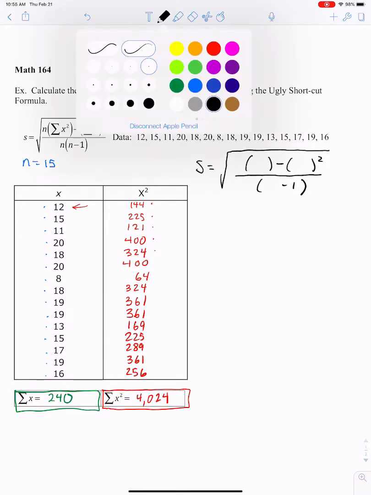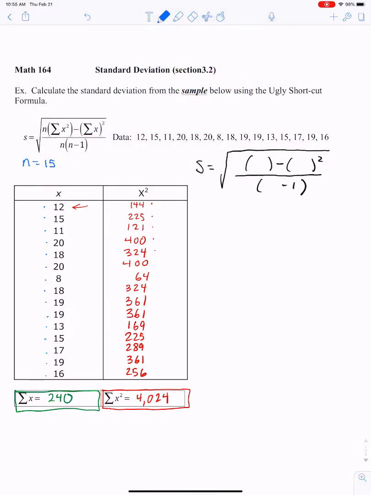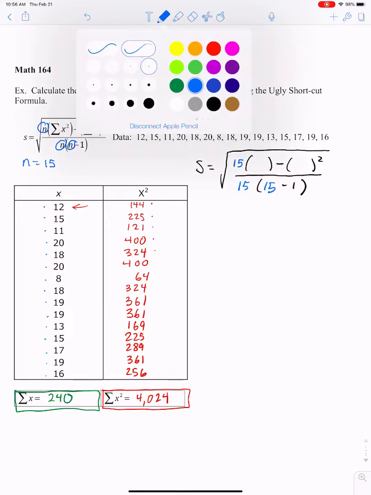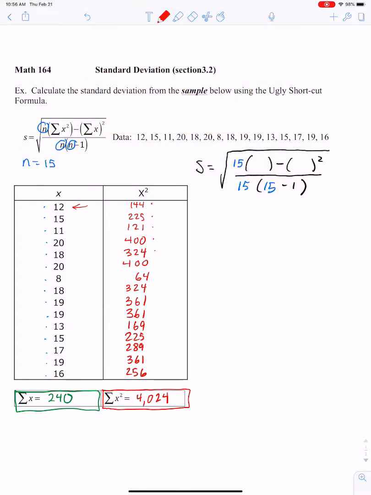Okay, and in blue we have n, so everywhere there's an n, I'm going to put the number 15 in the formula. And where I have the sum of the x squareds, that's the 4,024. That goes right here.